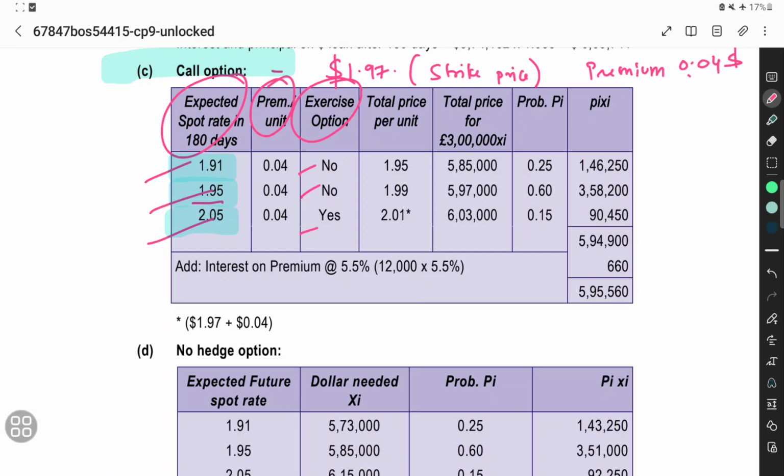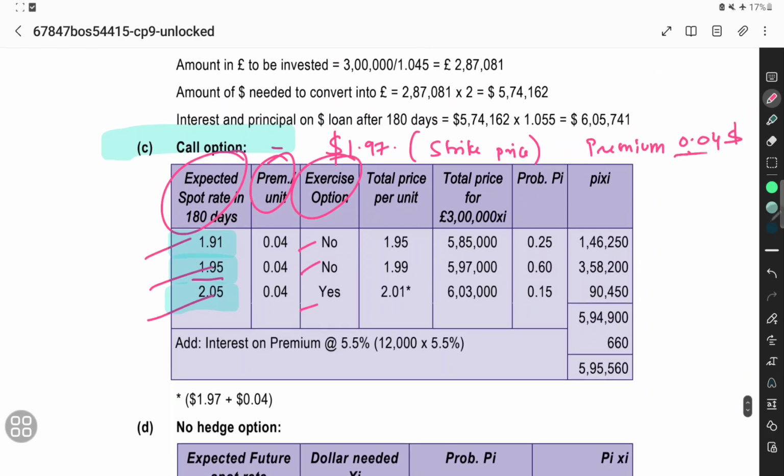But in order to have that right, you will have to pay one component, which is the premium, and you will have to pay that upfront. It will not be a significant amount, but you still have to pay it in order to book that option contract. And that premium in this case is $0.04. So this is going to be an outflow in all the cases, irrespective of whether or not you exercise the option.